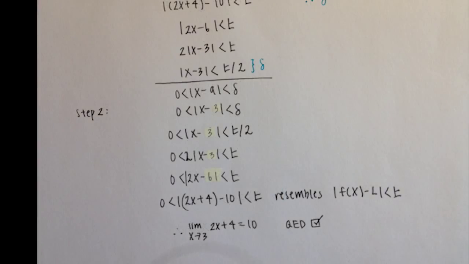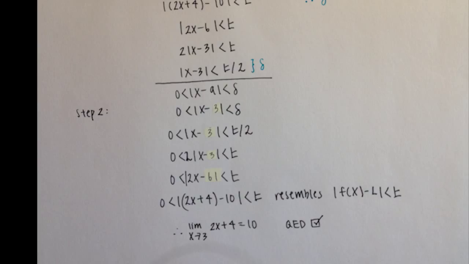So step 2 is to test the formula. So now we're going to start with the expression 0 is less than the absolute value of x minus a, which is less than delta. And we're going to plug in 3 for a and epsilon divided by 2 for delta, which we found in step 1. So now we're going to manipulate the expression and simplify it.